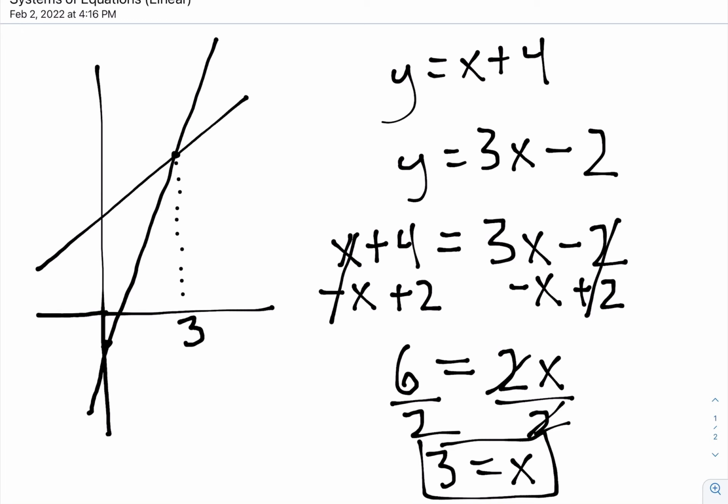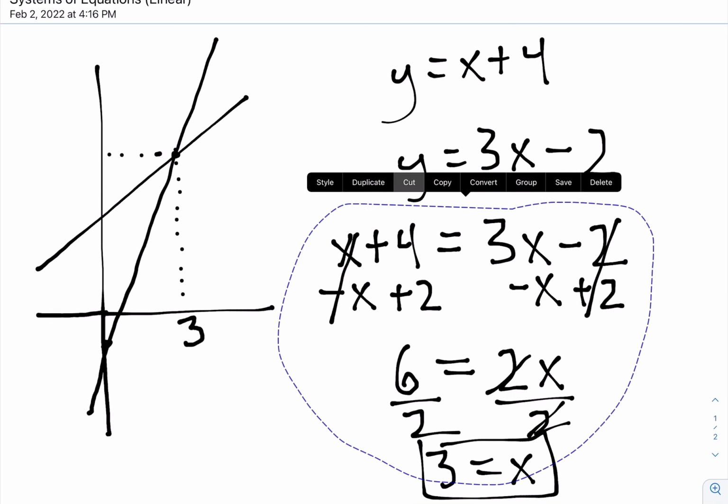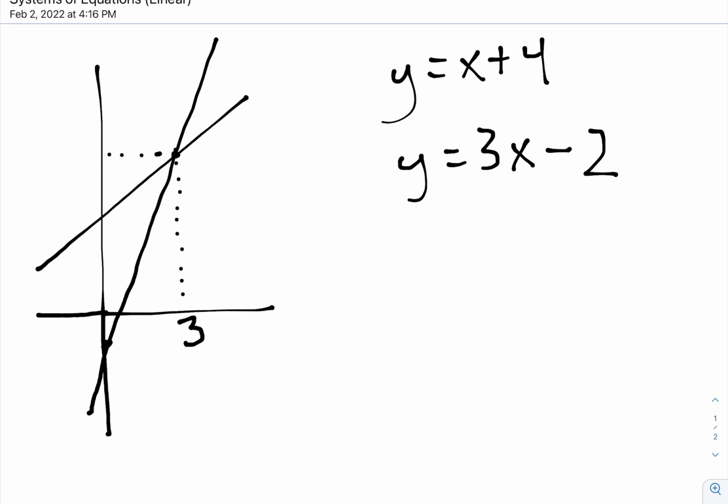Now that we know that, we can also figure out the y value. The hardest part is figuring out one of the variables, but once you have one of them, it's a lot easier to find the other one. To verify your solution, you pick the easiest looking equation.